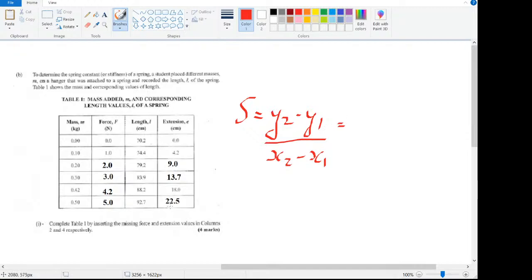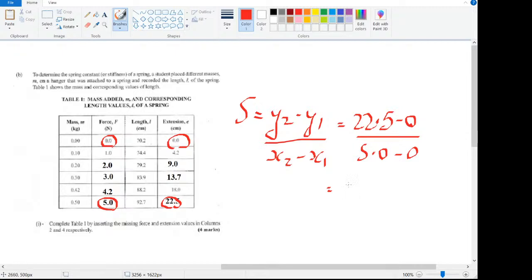Alright, so I'm just going to do a basic thing. I'm just going to use these values here. It would be wise to use other values, but 22.5, that's the extension, minus 0, over 5.0 minus 0, right? Let me work that out quick. By the way, I'm doing this blind.